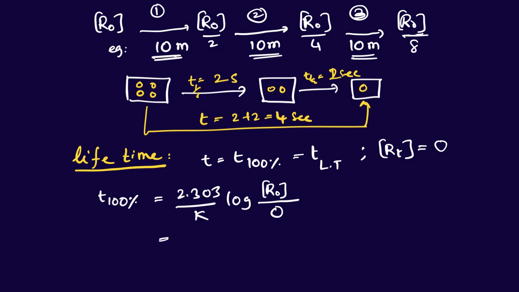Therefore, infinite into 2.303 by K, and this is infinite. Not defined value is nothing but infinite. Therefore, totally what we are getting is infinite.